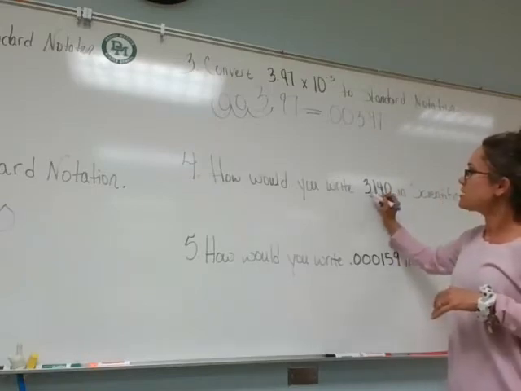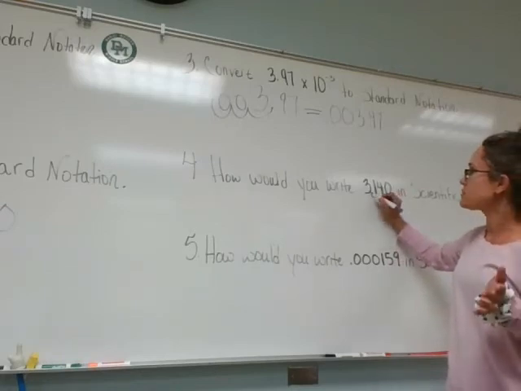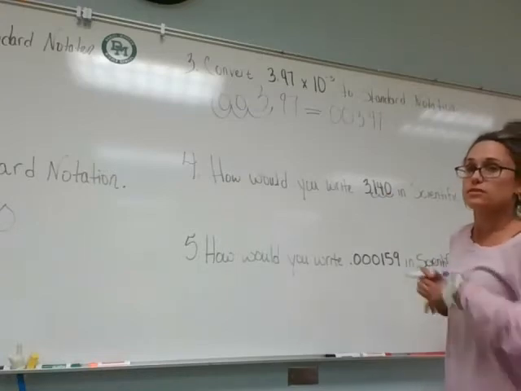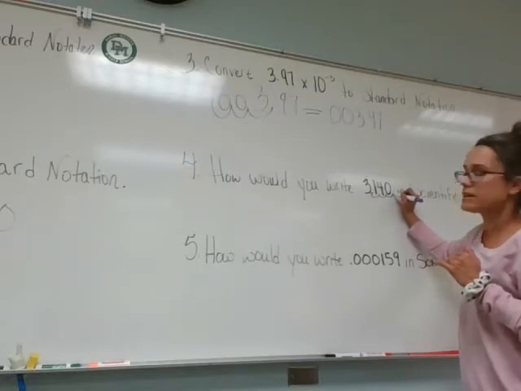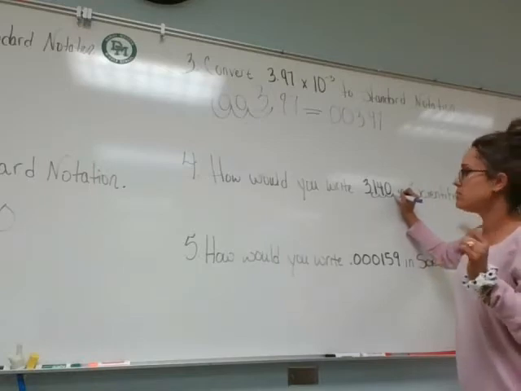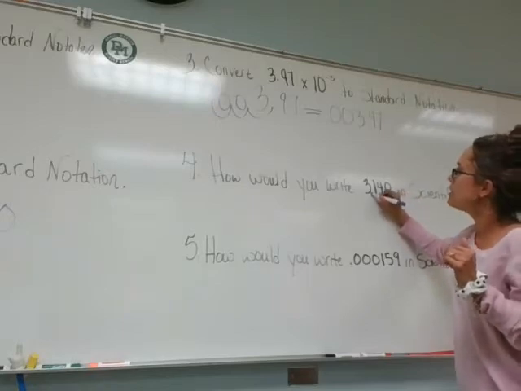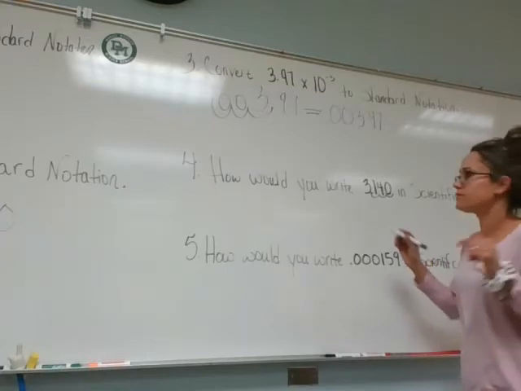And the first number is 3 and the second number is 1. So I move the decimal between the 3 and the 1. Now you got to count up how many places you move that decimal. Well, if we start at the back of 0 and I move it in between the 3 and the 1, I count. 1, 2, 3. I moved it 3 places to the left.